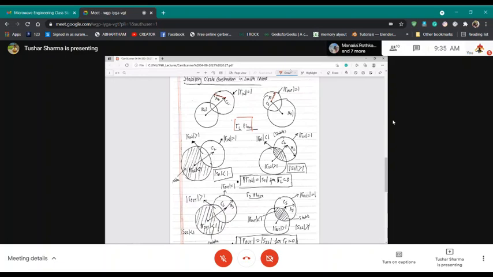If it is less than 1, then my gamma in magnitude will be less than 1. So in the case where S11 is less than 1, if this is my stability circle, at the load, this will be my stable region.